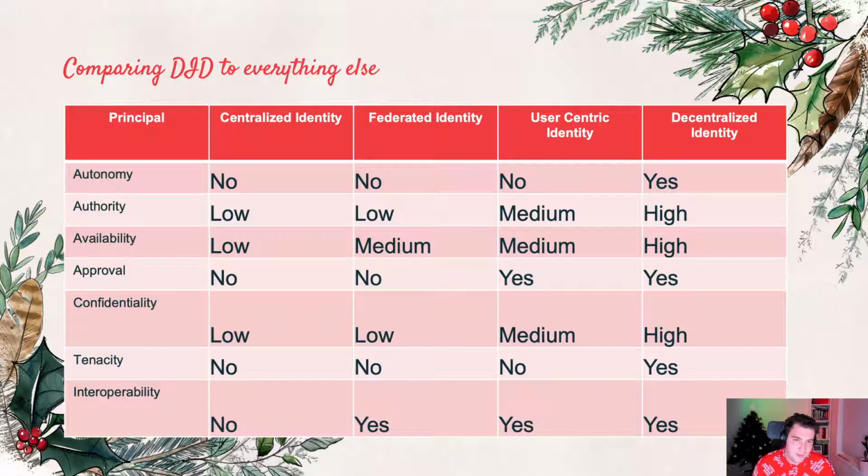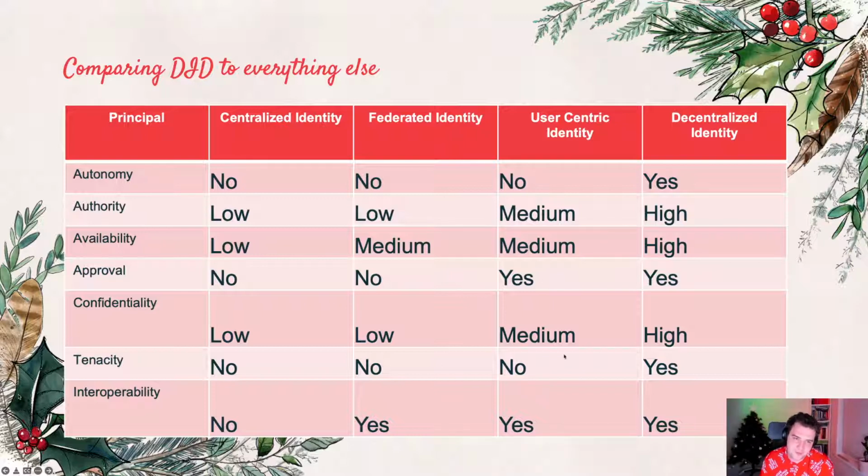So you can see it wins out on the 4 categories, and I've just realized I haven't really explained the 4 categories. On the left, you've got centralized identity, which is your Active Directory style scenario where your data is all stored in a directory. You've got federated identity, where your data is probably still in a directory, but it's being published out to other resource providers. That's your kind of ADFS, Azure AD scenarios.